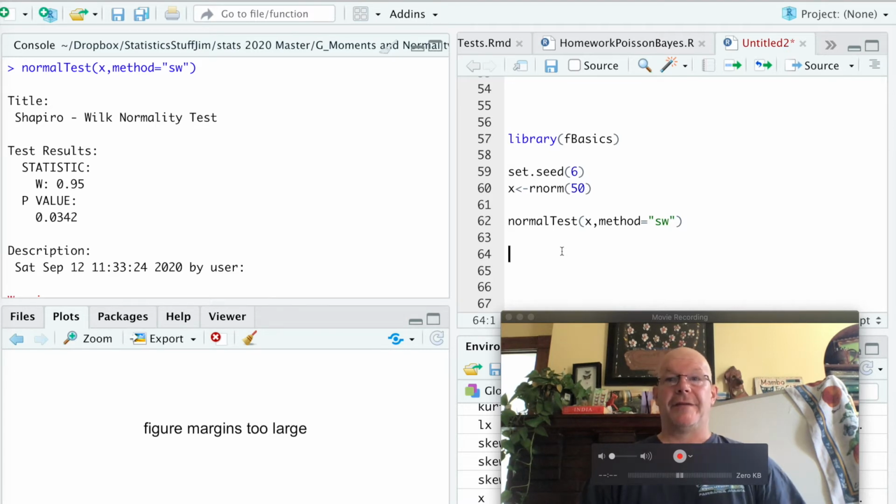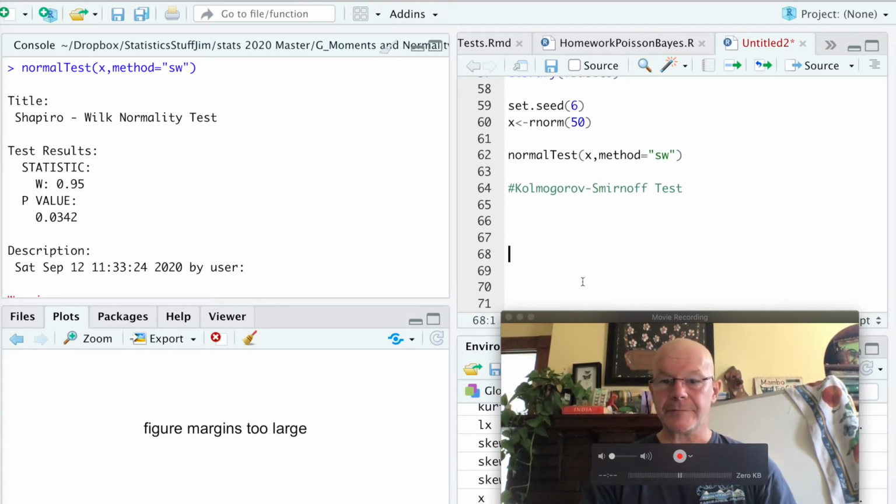The next one that I want to talk about is called the Kolmogorov-Smirnov test. A lot of times you'll hear people refer to it as the vodka test because Smirnov is in the name here.